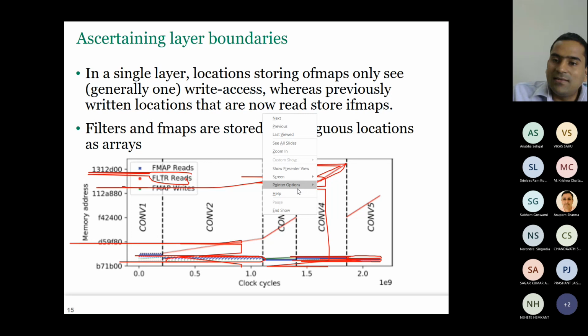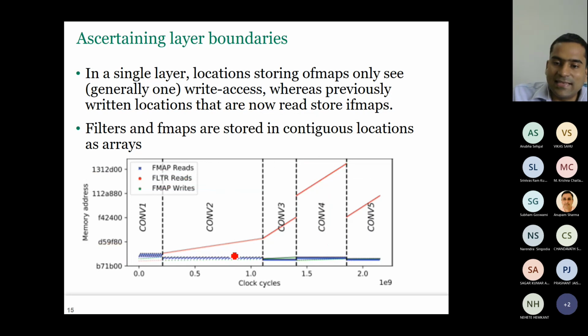Okay, and based on the distinct addresses that are accessed, you can see there are a lot of distinct patterns here, based on which they have drawn the boundaries. So if you can somehow know the memory addresses, of course it's not easy, right? Because the CPU and GPU will not allow you to read the memory addresses that are being accessed. They will hide it from the ordinary user.